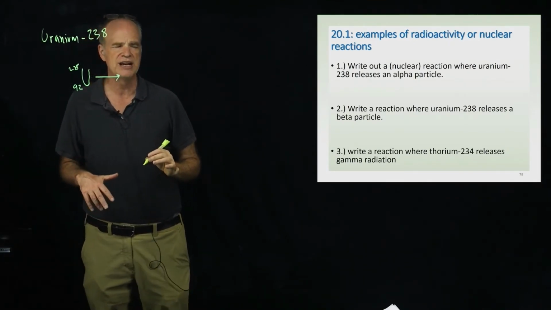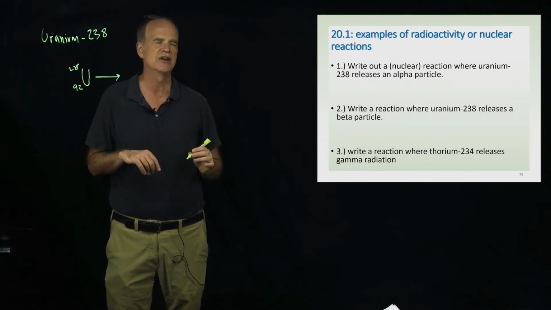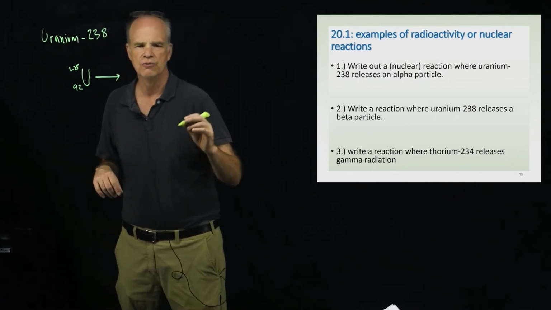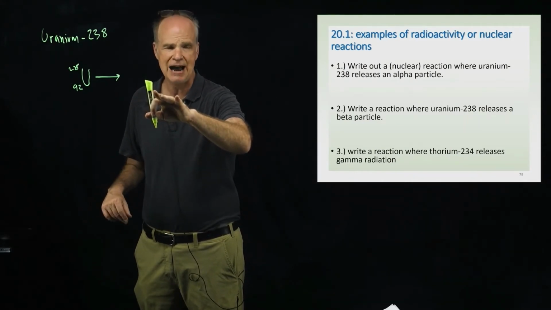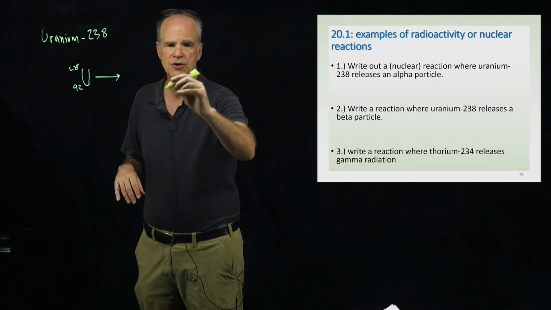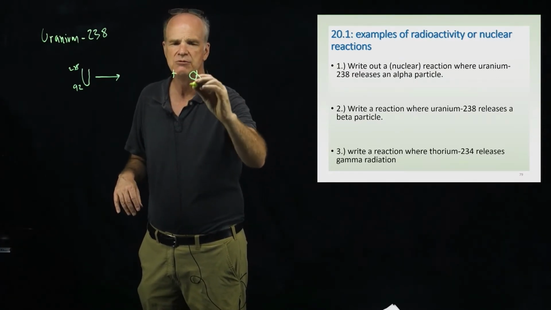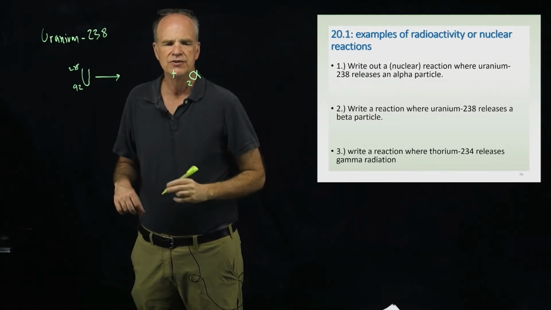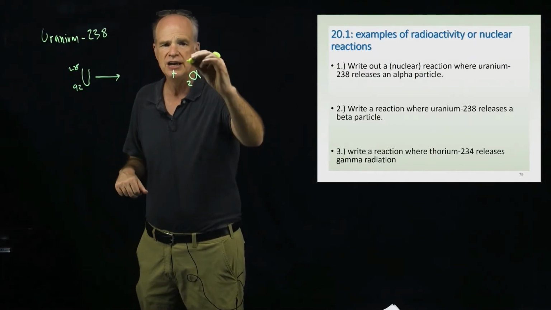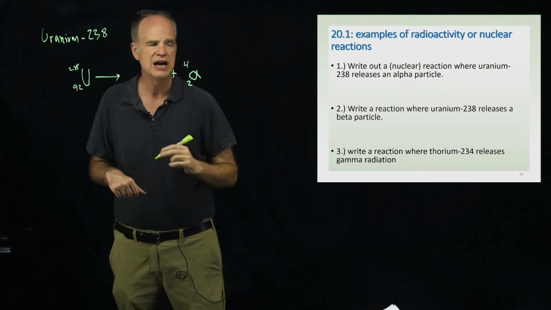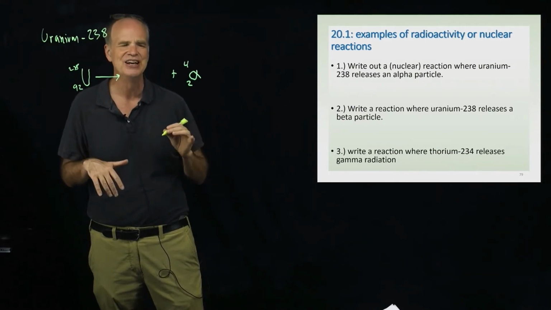Okay, so the question is this. Uranium-238 is radioactive. Every once in a while, it will spit out an alpha particle. So we're going to get some kind of element after this nuclear reaction. But one thing we do know is we get an alpha particle that is released. And we do know that the atomic number of the alpha particle, because it's a helium nucleus, is 2, and the mass number of the alpha particle, again, because it's a helium nucleus, is 4.